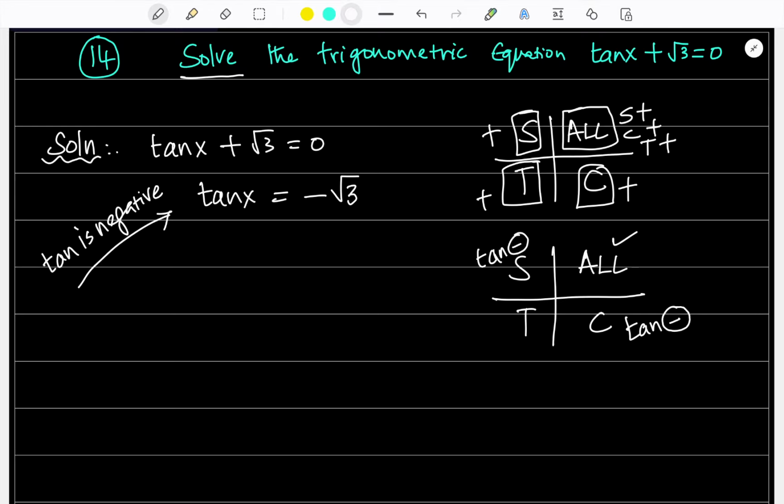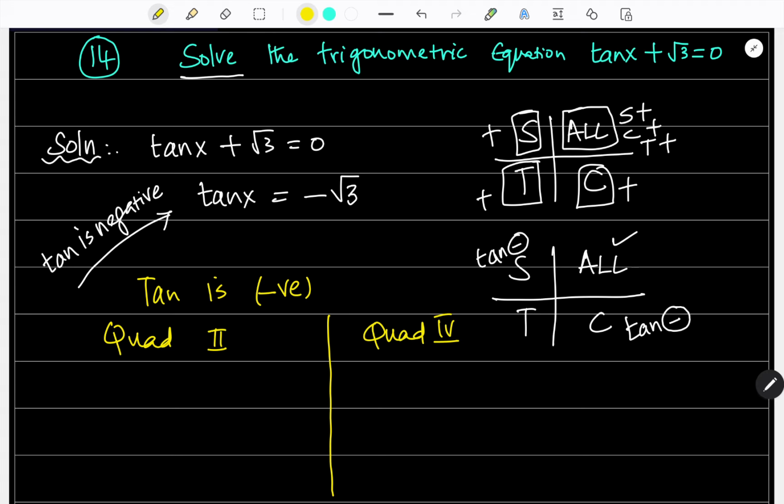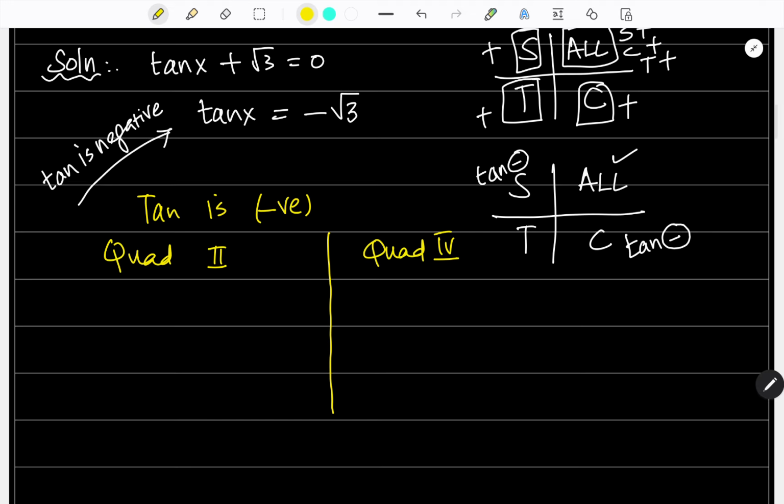Here tan is negative. So it means tan is negative in which quadrants? In two quadrants. What are they? Quadrant 2 and quadrant number 4.